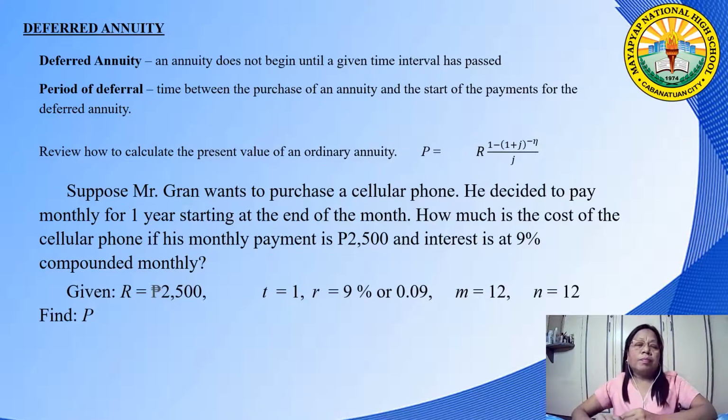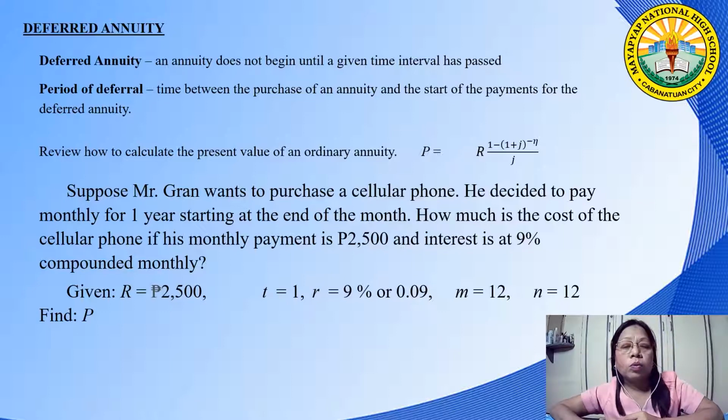So from the problem, let us identify the given. We have R equals 2,500, the regular payment. t is equal to 1 year. r equals 9% or 0.09. m, or the period of conversion, is equal to 12, and n is equal to 12. Then you are asked to find P, or the present value.